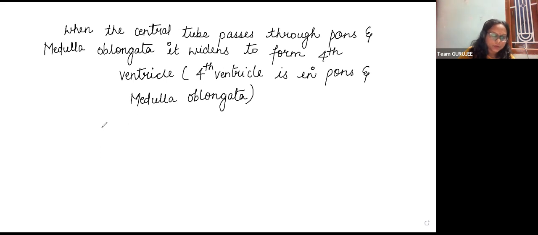Okay. Next point you can write: the beak, in the sense the protruded part.